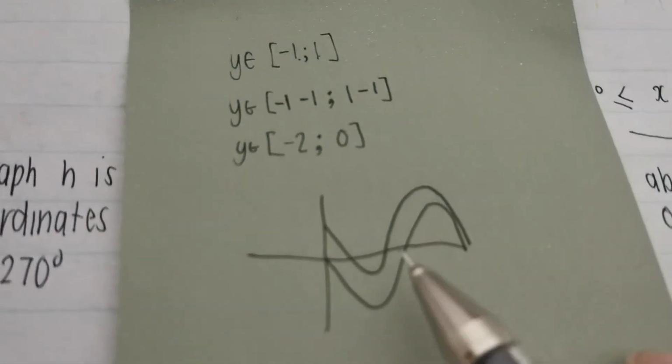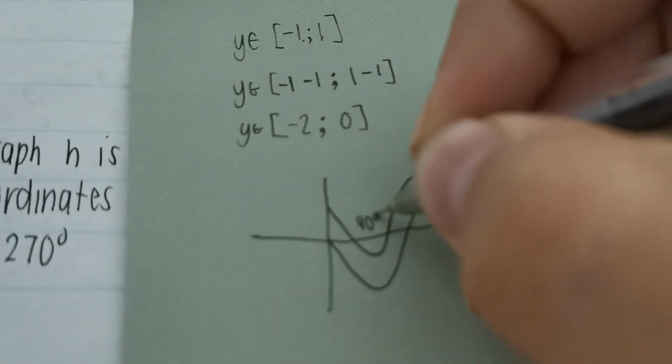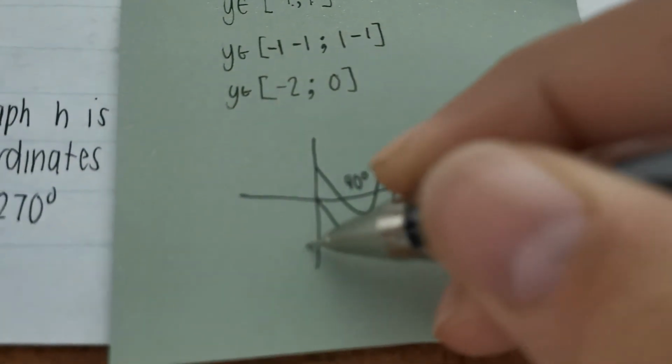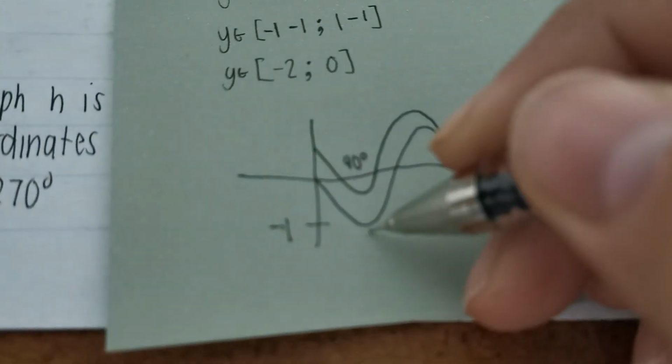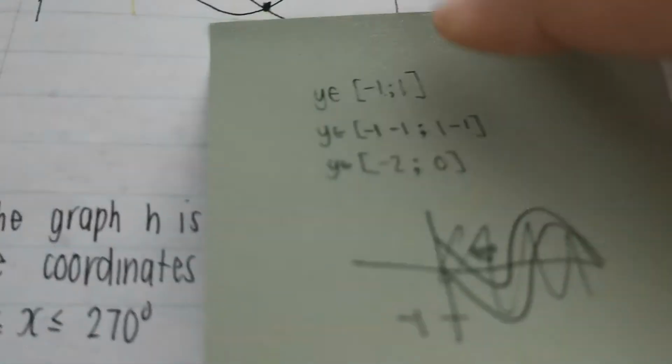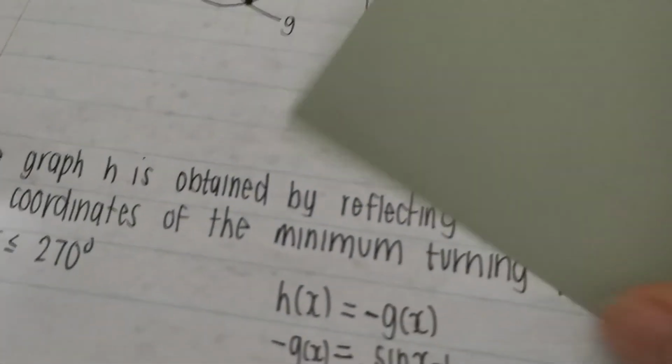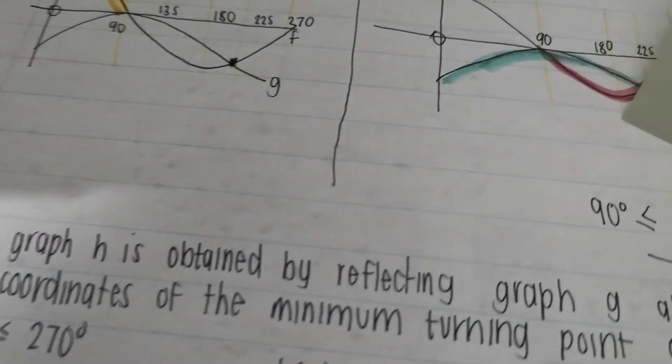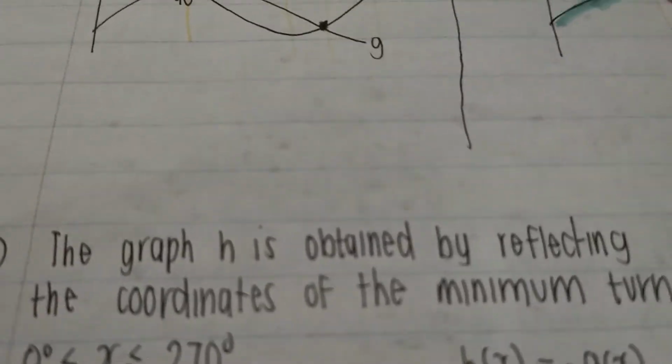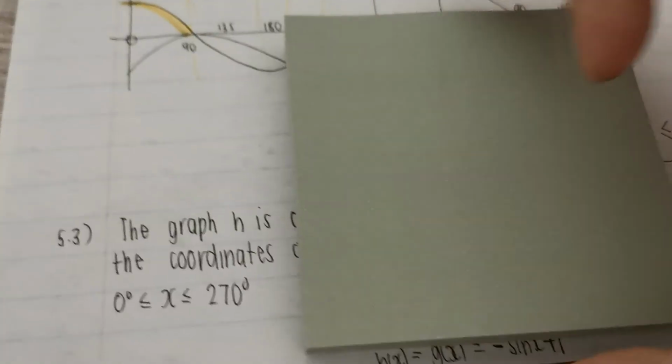So where's its minimum? Can you see its minimum should be here? It was at 90 degrees, and it was supposed to be at negative 1, but instead it got, oh, my graph is a bit poorly drawn. Let me redraw this.